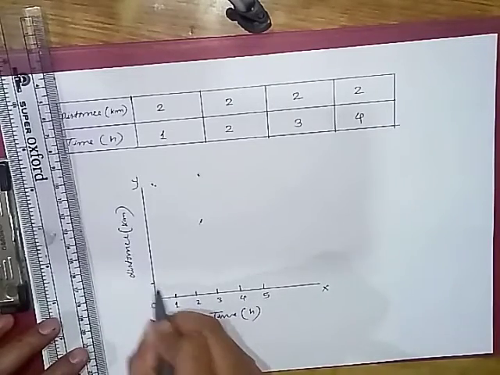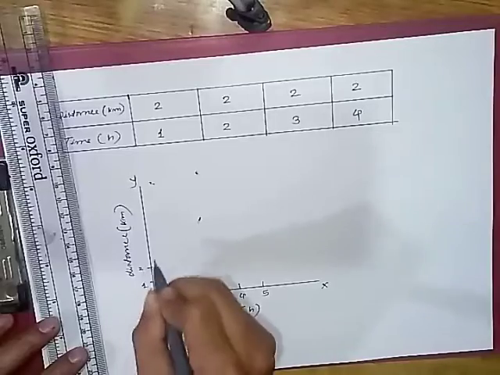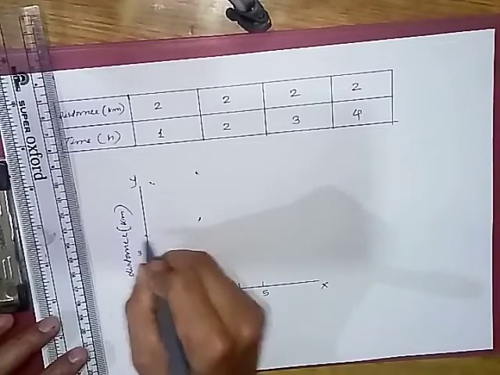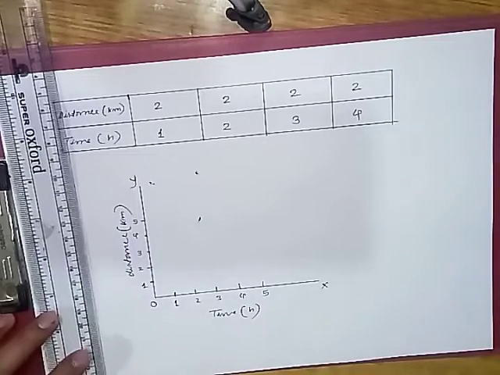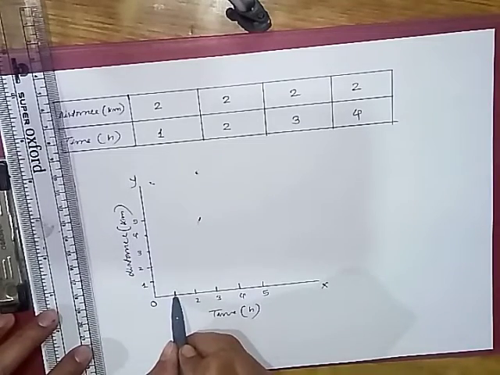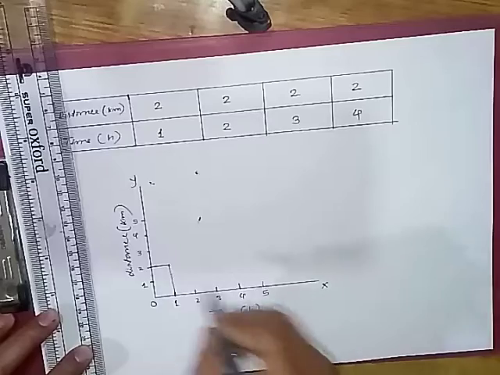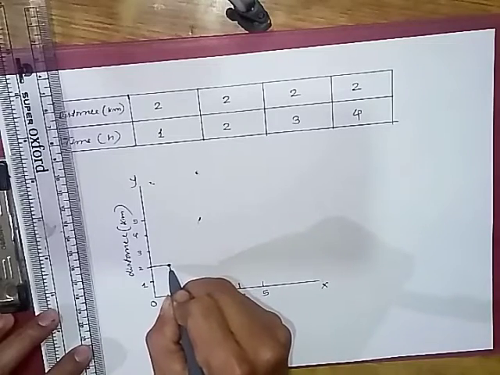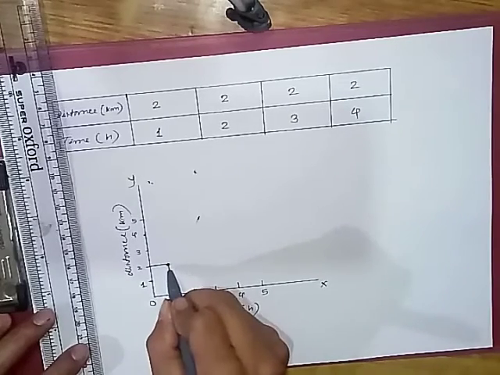Here also write 1 kilometer, 2 kilometer, 3 kilometer, 4 kilometer, 5 kilometer, like this. Now in 1 hour, the car is at a distance of 2 kilometer. So in this point, the distance and time intersect.